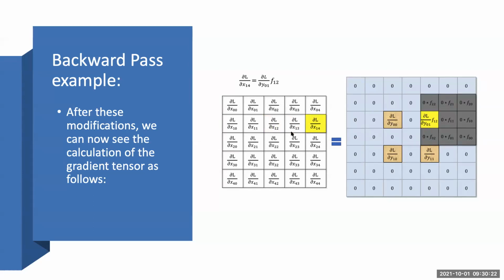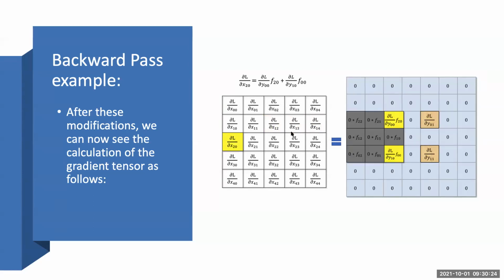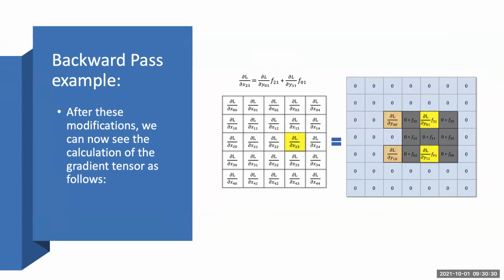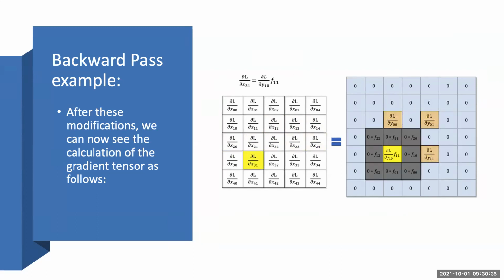Remember, to get the loss with respect to the input, you convolve the filter with the loss with respect to the output. Sorry, I didn't have a slide for the other one.